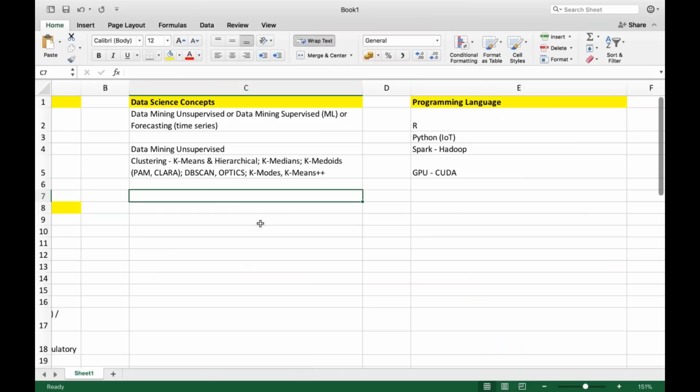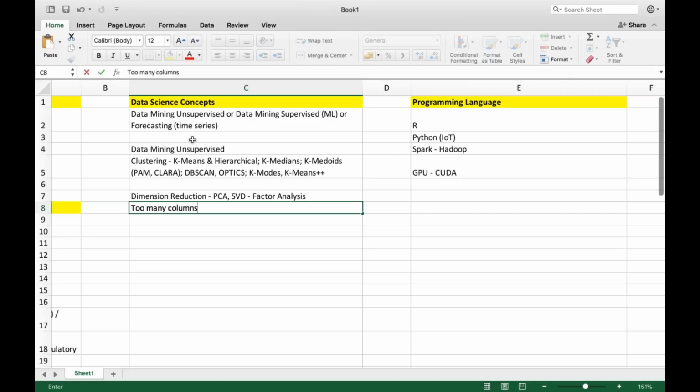The next thing is dimension reduction. As part of dimension reduction, you have PCA and SVD. This is also close to factor analysis. Otherwise, PCA is close to factor analysis. Why do we do this? If you have too many columns, you might want to reduce the number of columns.